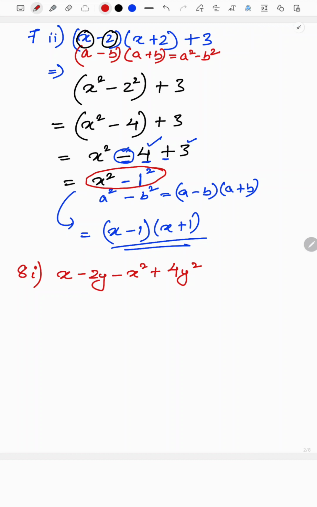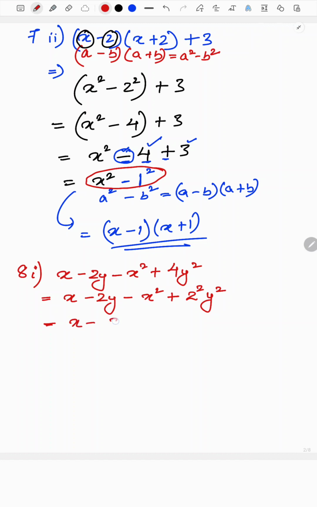Okay, so now this can be written as x minus 2y minus x square plus 4, and 4 can be written as 2 square y square, because 2 square is 4, 2 into 2.